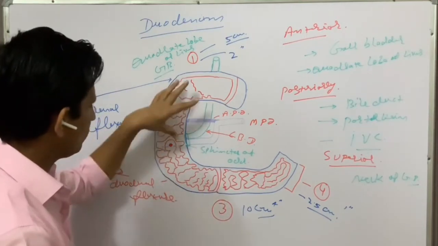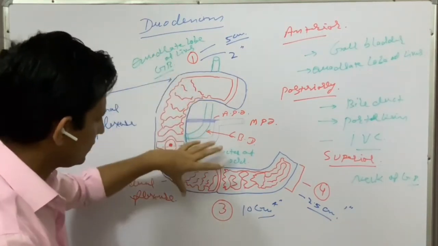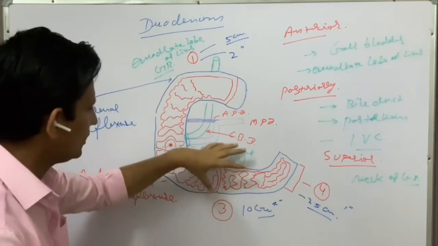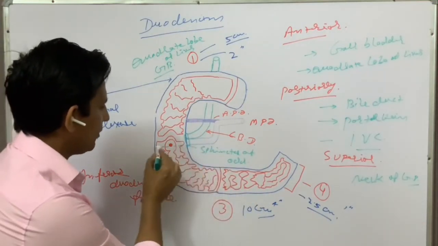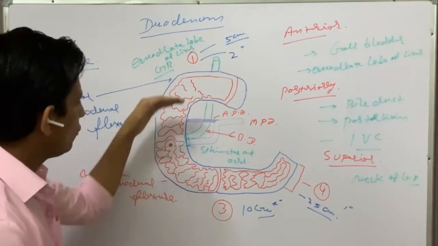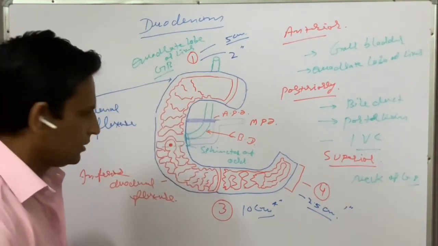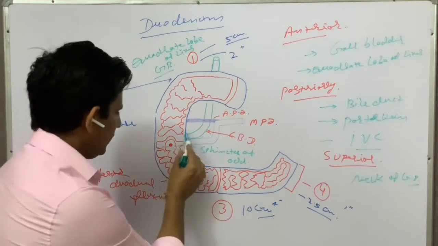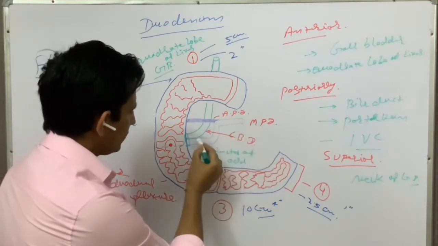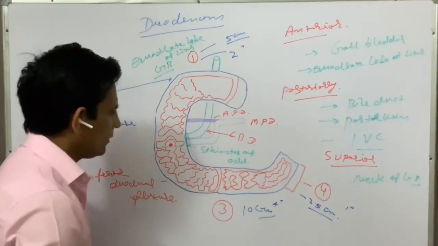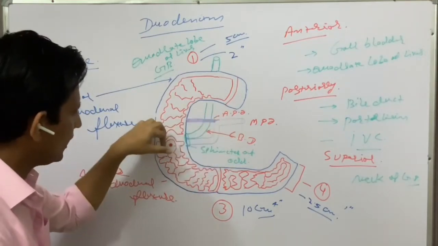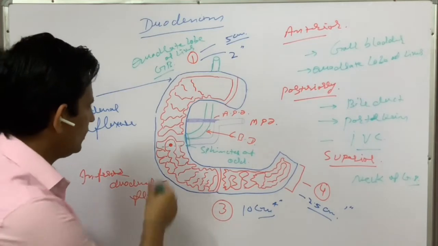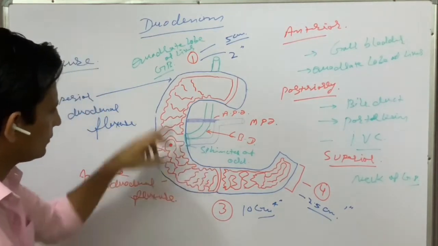This part will be supplied and drained by different vessels. So the sphincter of Oddi is the landmark between the foregut and the midgut. Here, all these ducts come and drain the fluids, enzymes and alkaline content into the wall of the duodenum. That's why this second part is more important.